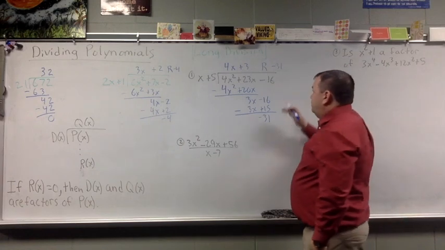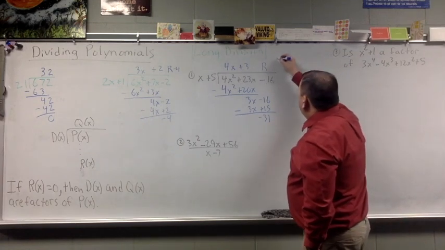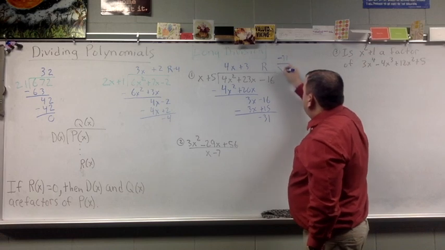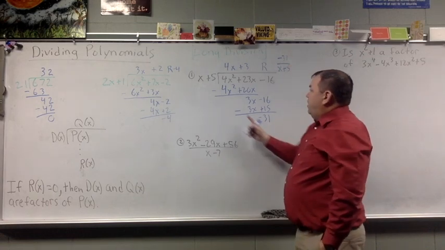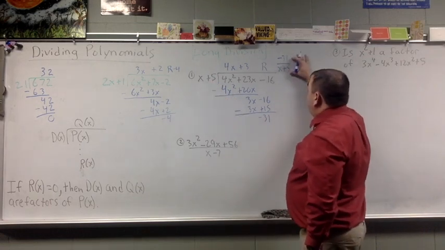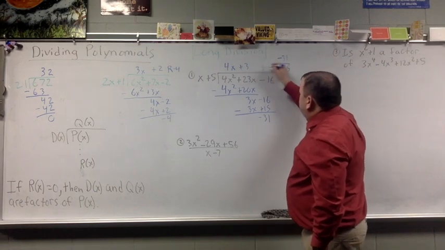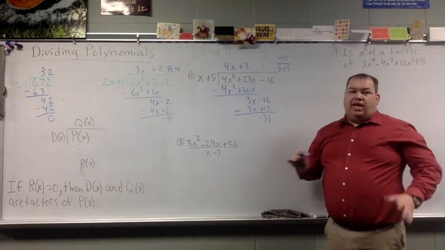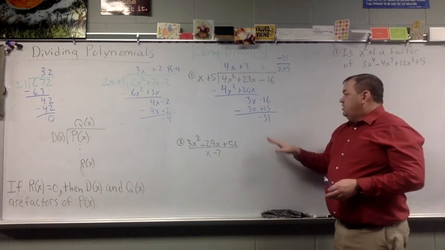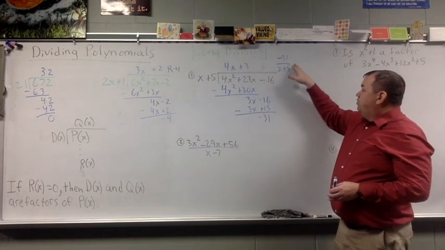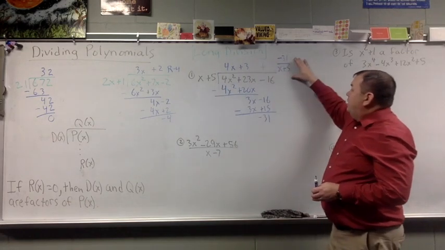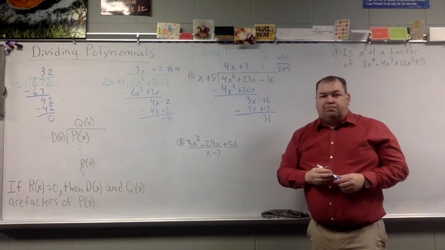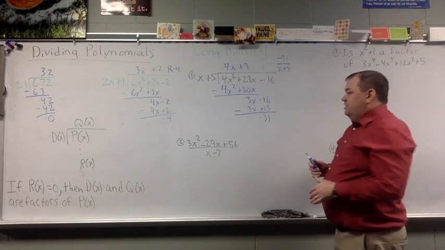But sometimes you'll see it written like this. They'll take that remainder and write it over the piece that we divided by and just tack it on to the end. I'm okay either way. Both are acceptable.